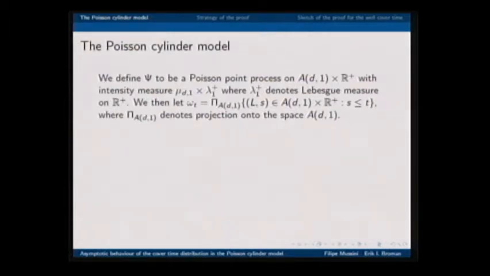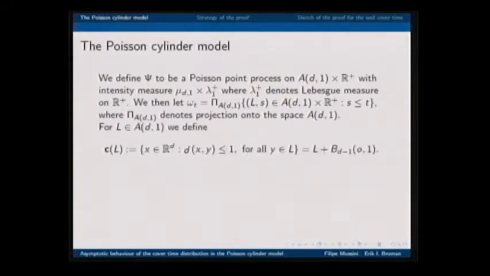Afterwards, we project everything and forget all the marks, and are interested only in the cylinders that arrived up to time t. Sorry, the lines. After choosing the lines, we just draw a cylinder of radius 1 around those lines. And then we consider the union of all the cylinders.